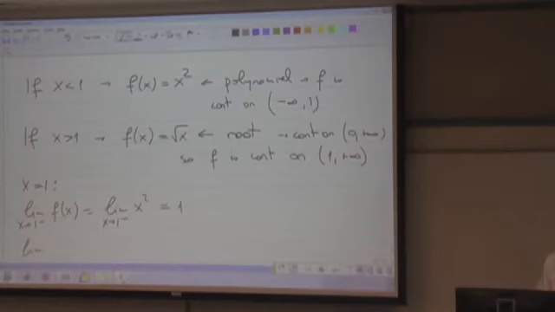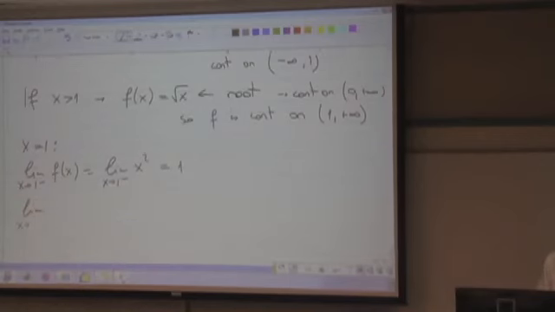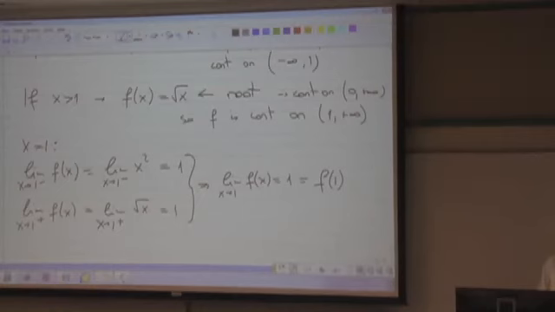The limit as x goes to 1 plus of f of x is the limit as x goes to 1 plus of the square root of x, which is again equal to 1. Both of these mean that the limit as x goes to 1 of f of x is equal to 1, which happens to be f of 1.